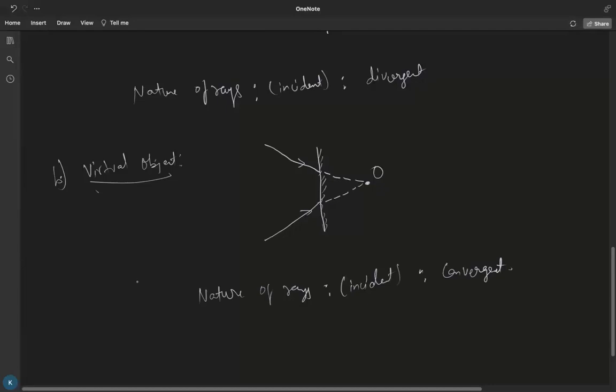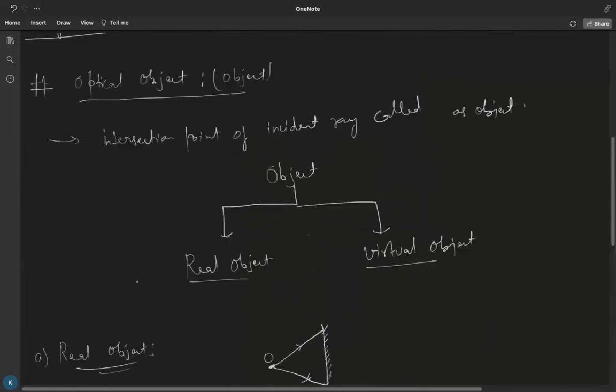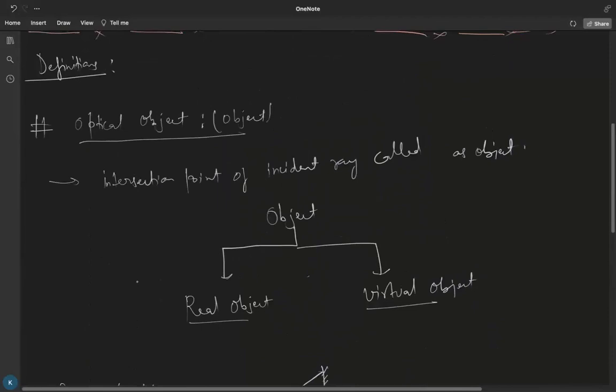I hope these things were clear to all of you. Let me recall once again. What is an optical object? The optical object is the intersecting point of the incident rays of light, and we have two kinds: real object and virtual object.